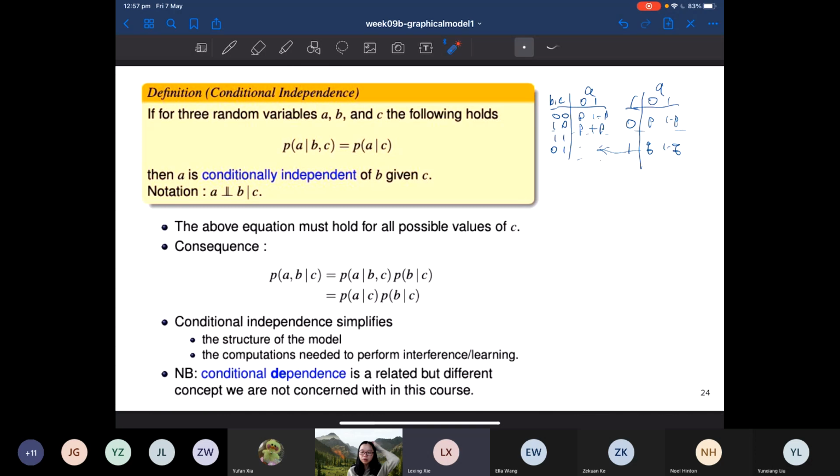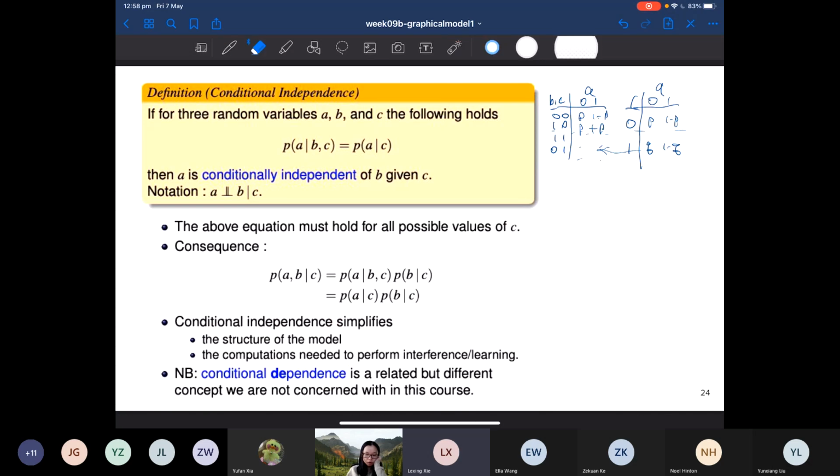And then the consequence of this, we can basically use the Bayes rule to derive this. The joint probability of AB given C can be factorized into A conditional C times B conditional C, right? Because the first step is Bayes rule. The second step uses this statement above. All right. The conditional independence implies structure of the Bayes net.